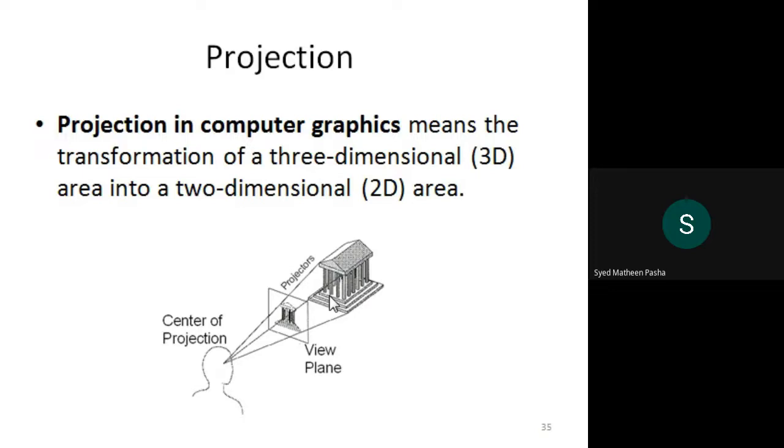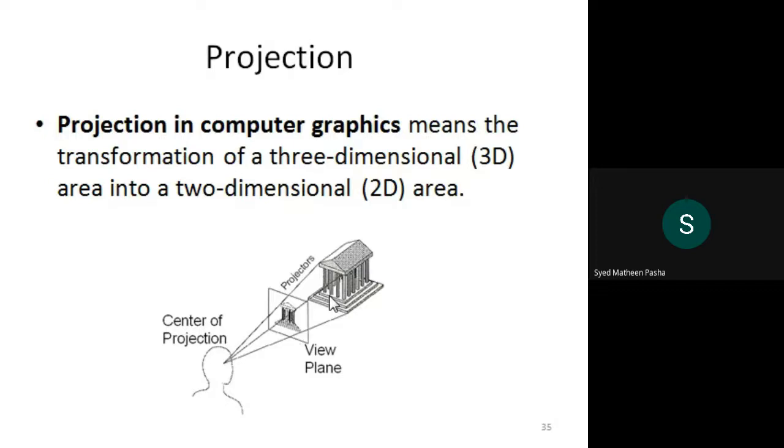To define projection in simple terms, it is a presentation of some images onto some surface. Suppose you take the example of a cinema screen in theaters: the projector projects light onto the screen.